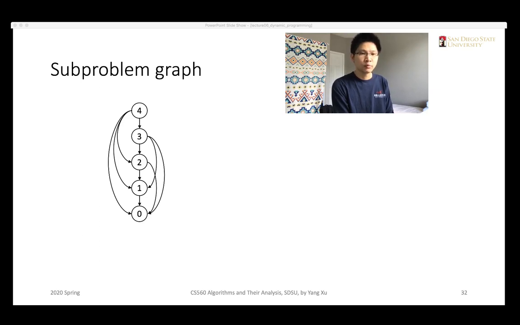So in the last video, we introduced the top-down and the bottom-up approaches for solving the rod cutting problem with dynamic programming algorithms. And we analyzed the code, and we also analyzed the running time of both methods.